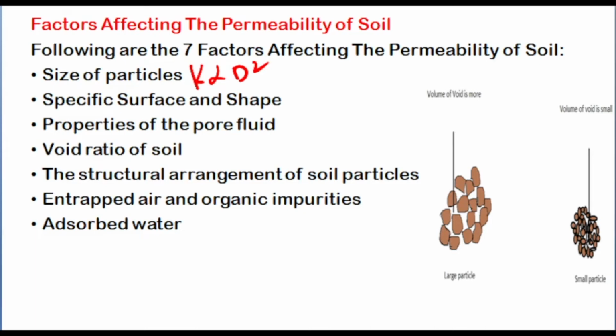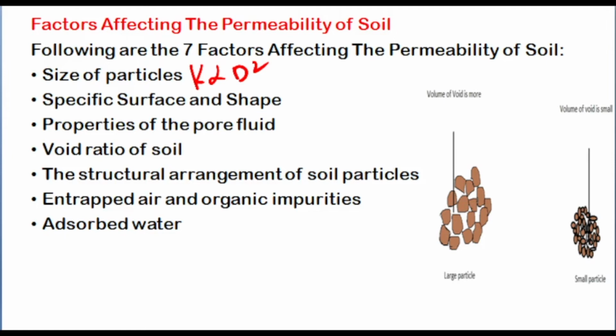Next, we have specific surface area and the shape of the particles. This we can say is inversely proportional to the permeability. The higher the specific surface, the lower the permeability. So it is inversely proportional. Coming to the shape, the rounded particles have more permeability.